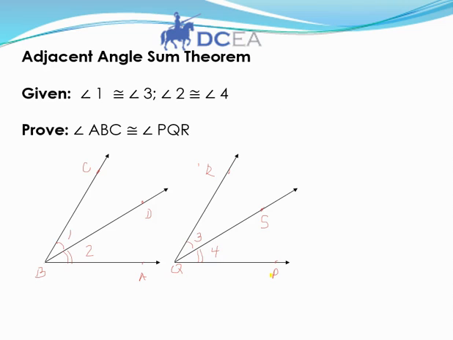So these are all the notations you have so far for these angles. What we're going to prove is that angle ABC is congruent to angle PQR.